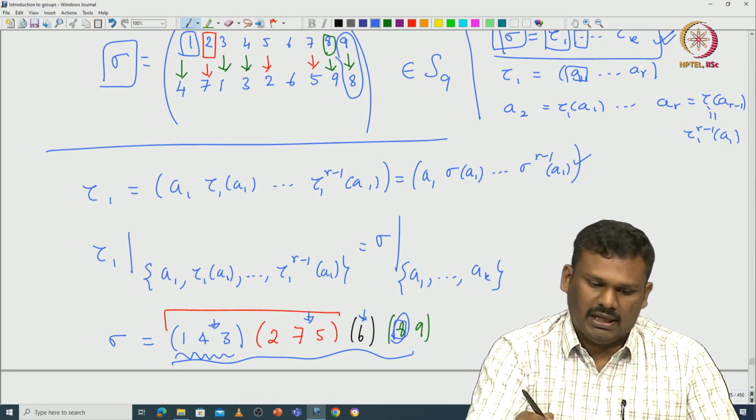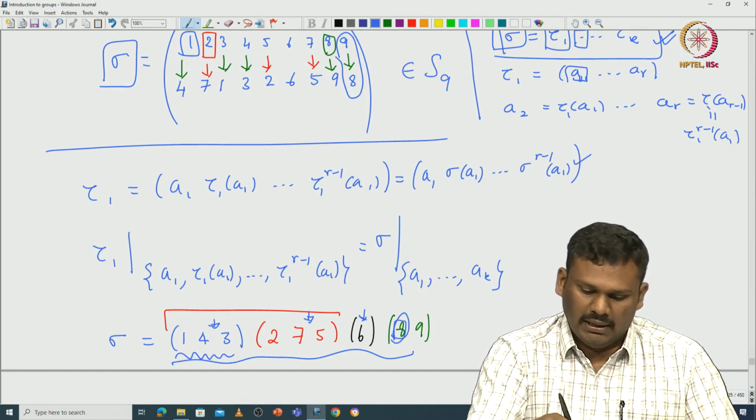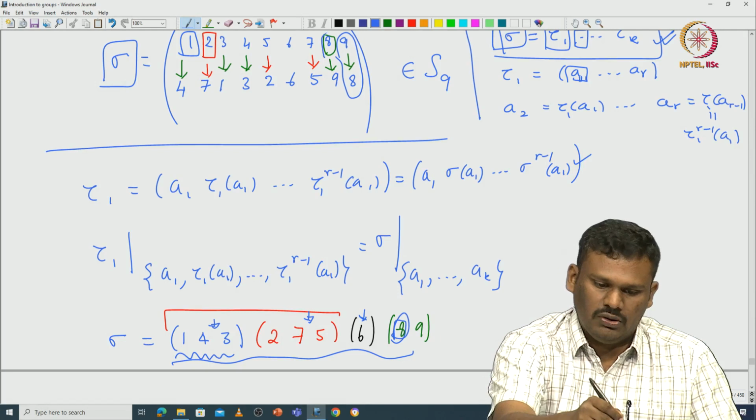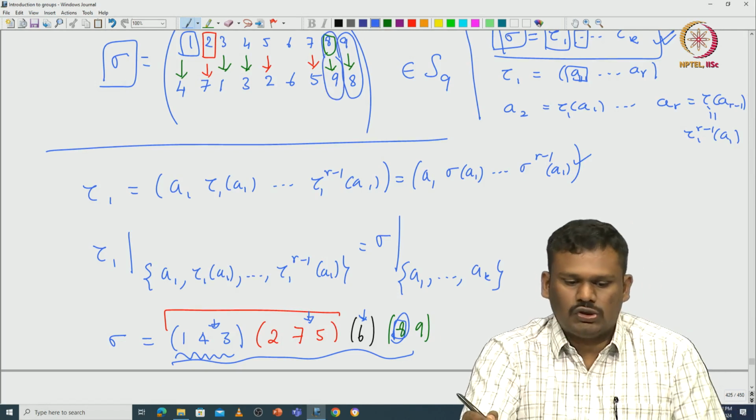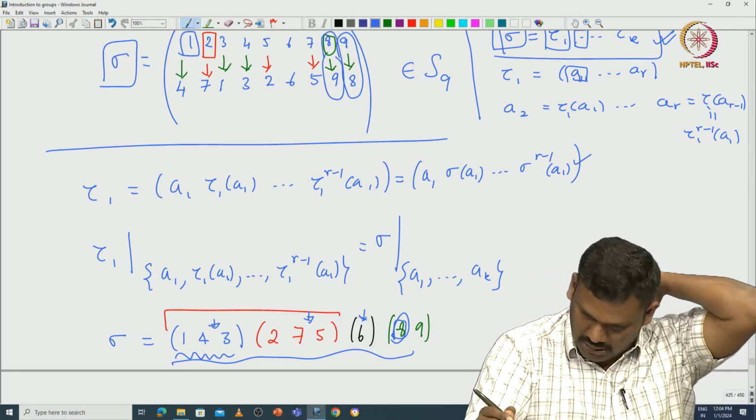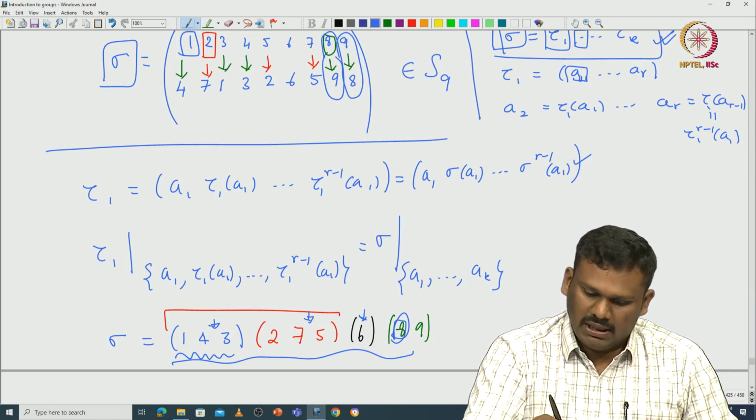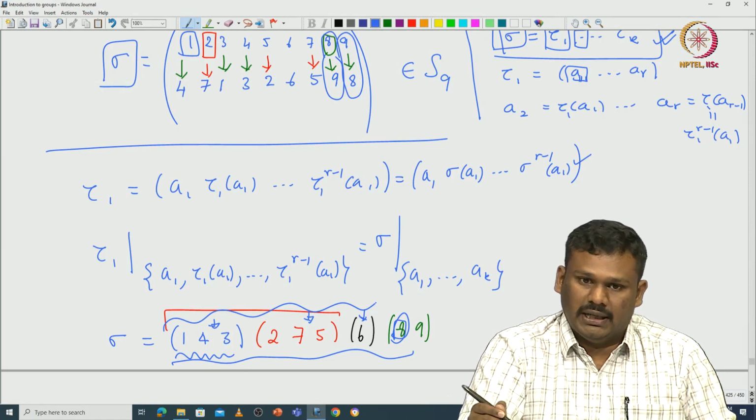Similarly, 8 goes to 9 and then 9 is fixed. So, 8 goes to 9 and 9 goes to 8, and that all happens here, because in all other places 8 goes to 8 and 9 goes to 9.